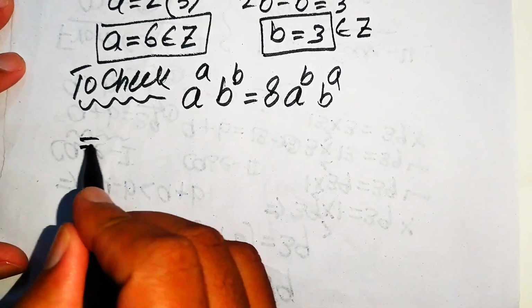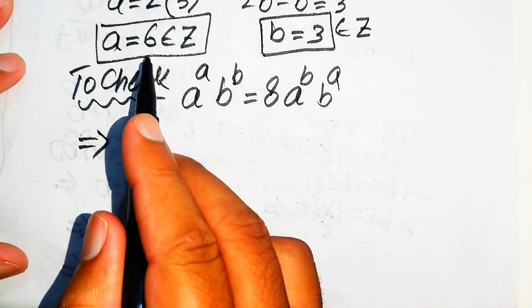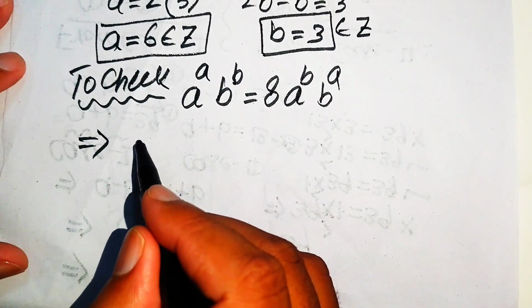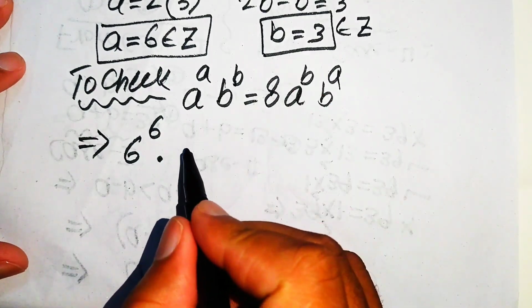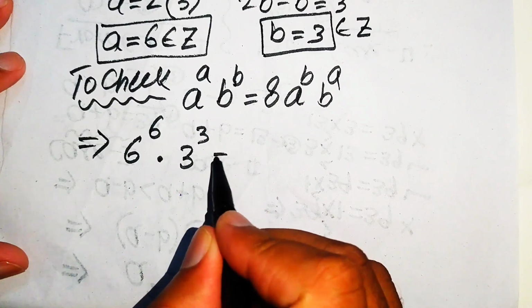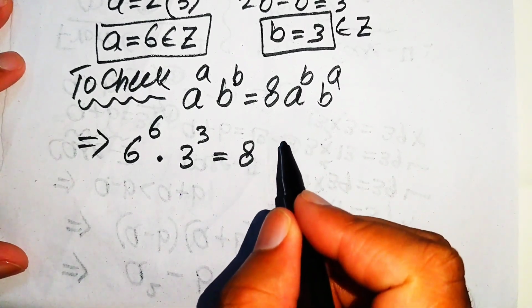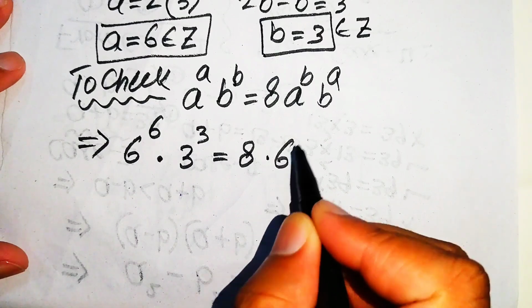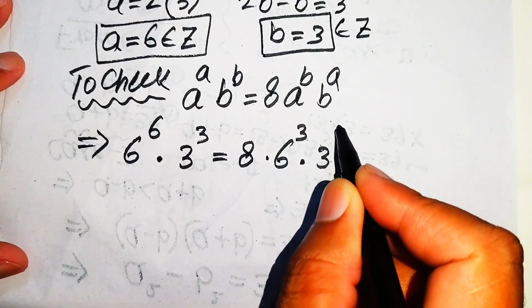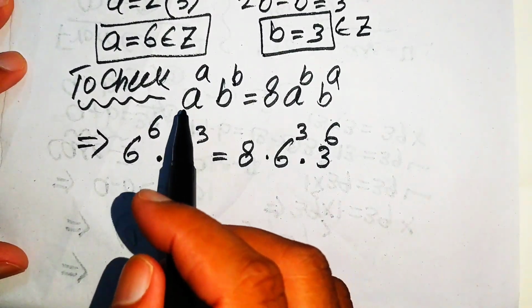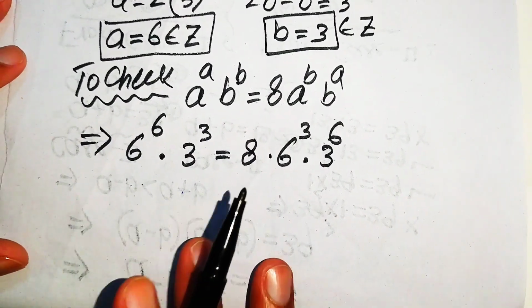The value of a is 6, so it becomes 6 to the power of 6 multiplied by b is 3, so we write it as 3 to the power of 3, and a is again 6 and b is 3, so b is 3 and a is 6. So here we just substitute the values of a and b in this equation.